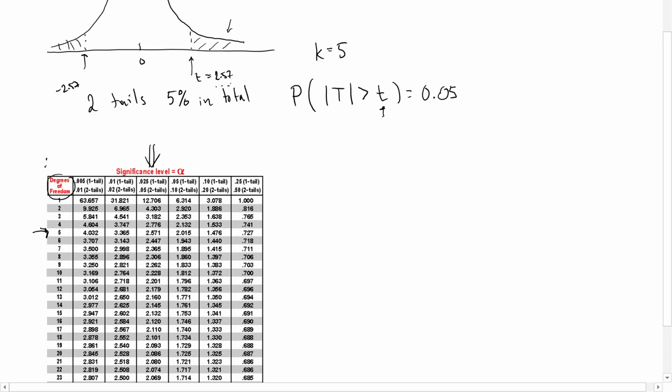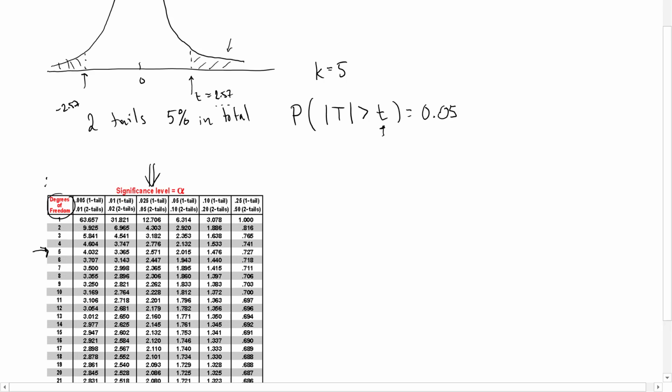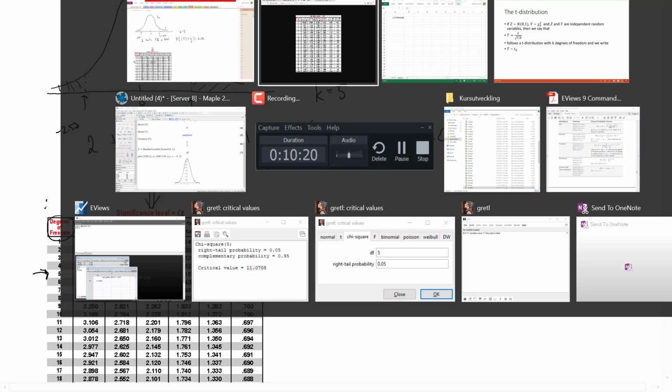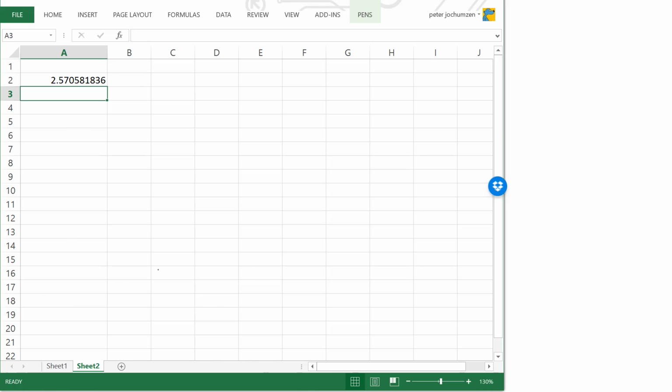Note that this answer 2.57 would be the same if I ask for the probability in both tails to be 5% or if I ask for the probability of just the right-hand tail to be 2.5%. So the number we are looking for is right there, 2.571, and I think that's what we got from Excel as well.